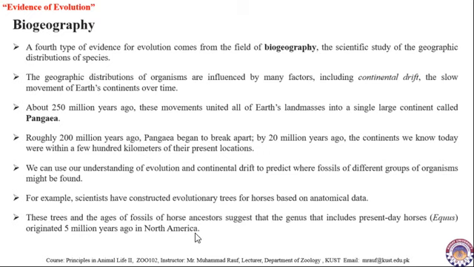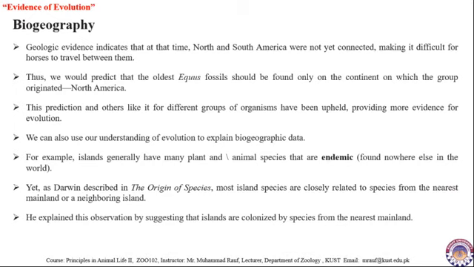Similarly, Darwin, on his visit to the Galapagos Islands, observed the similarities between the organisms of various islands on the Galapagos and between the animals and the fossils found on the Galapagos and the South American mainland, and these organisms were not found anywhere else, and they were different from other organisms found in other areas.